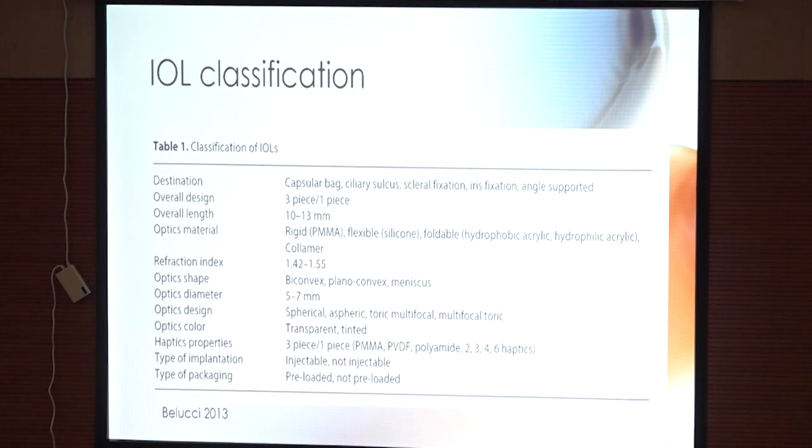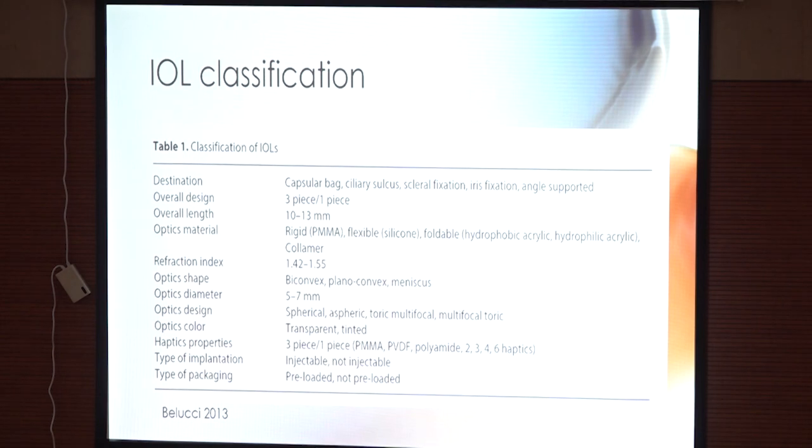The overall design can be 3-piece or 1-piece. The overall length can range from around 10 to 13 millimeters. Nowadays most foldable IOLs are around 13 millimeters. The optic material can be PMMA, silicone, hydrophobic acrylic or hydrophilic acrylic. The refractive index can vary from 1.42 to 1.55, and the optic shape is mostly biconvex these days.